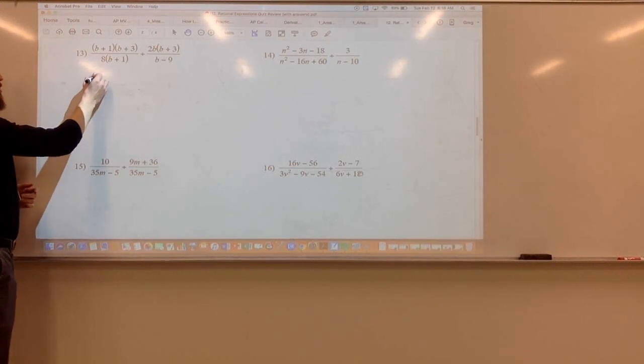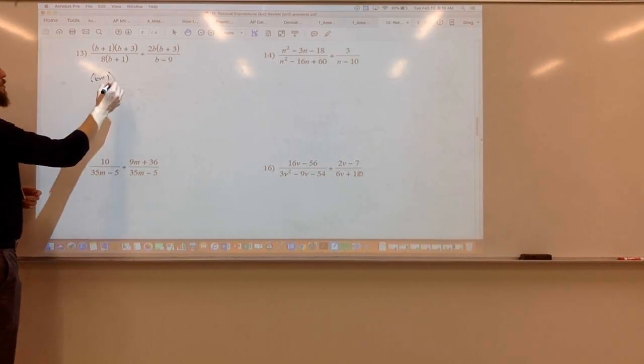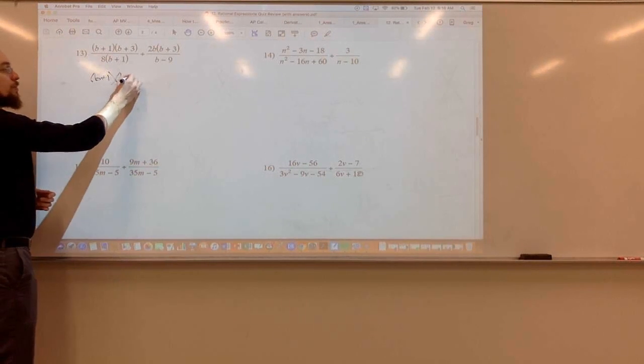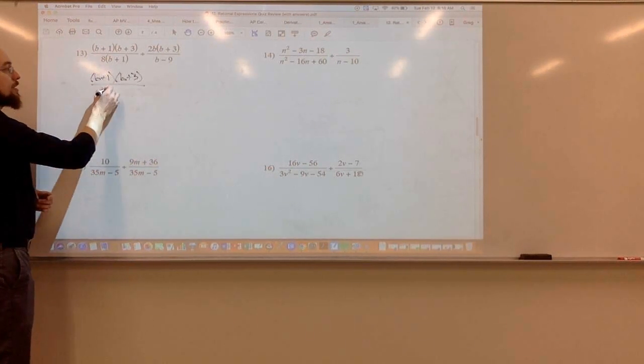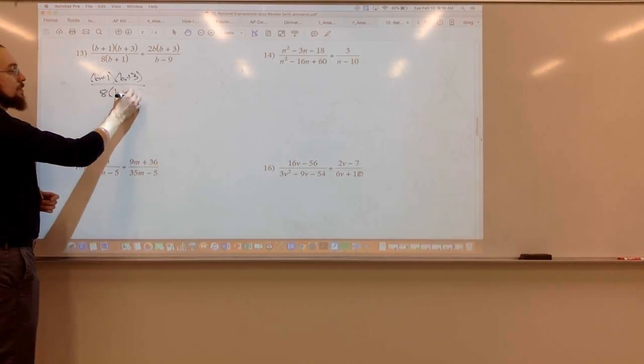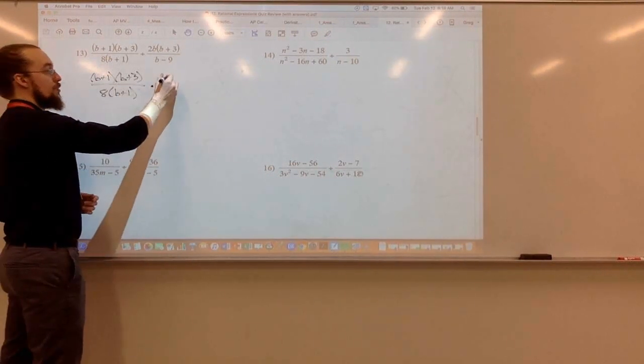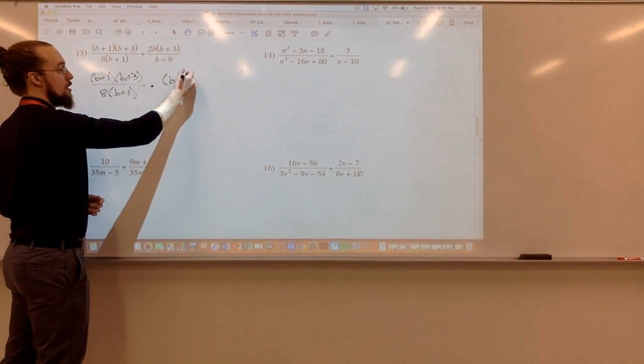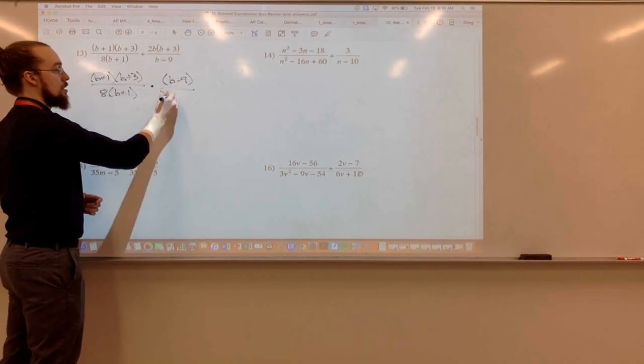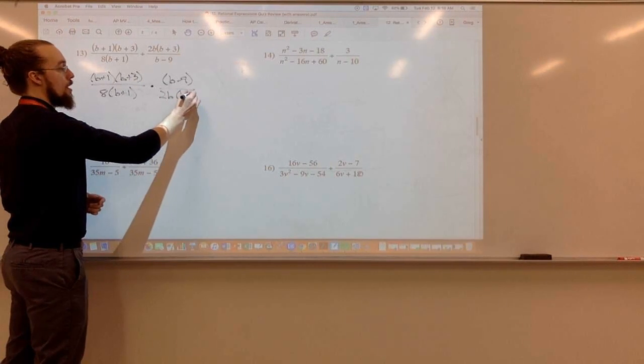Right? So the first step in division is just rewrite it as a multiplication problem. So the first fraction will stay exactly the same. And I'm just going to then change this to multiplication and flip the second fraction. So this will be like this.